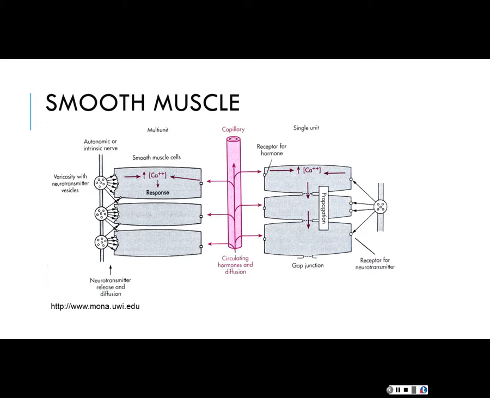So we've compared and contrasted quite nicely a single unit smooth muscle type versus a multi-unit smooth muscle type. One, they're smooth muscles. Two, both types are controlled extrinsically by the autonomic nervous system and humorally as well. Where they differentiate is that single unit also has a source of intrinsic control from the role of the pacemaker cells.